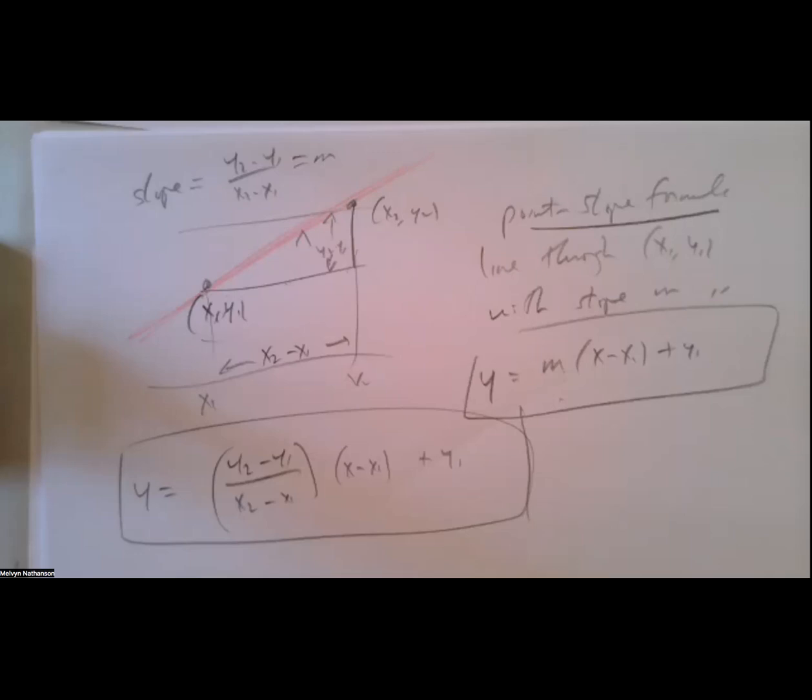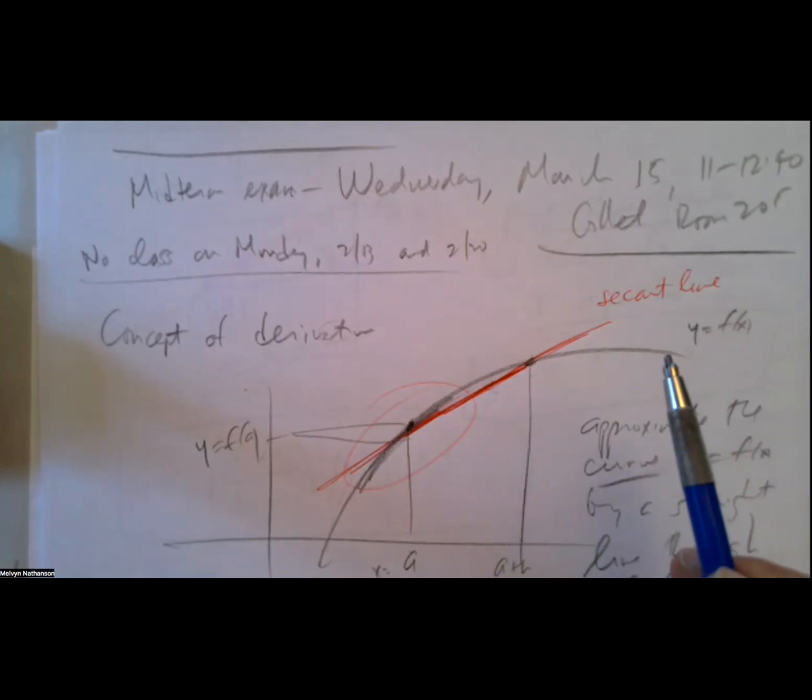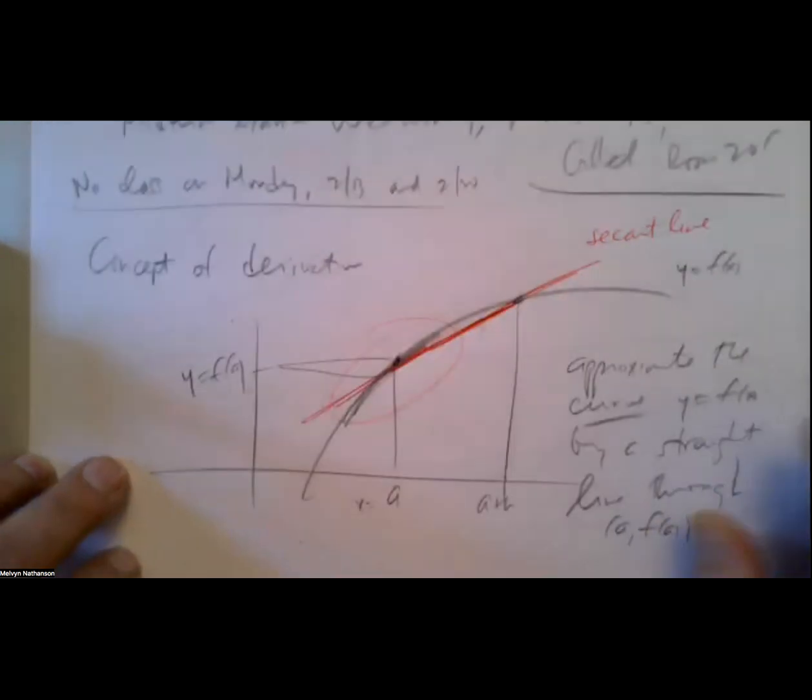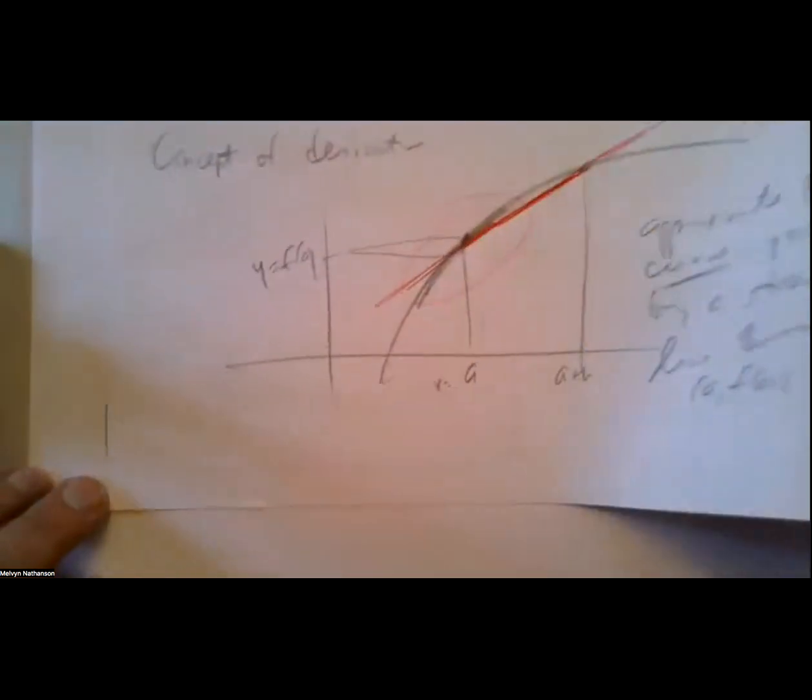So let's come back to our problem. We have a curve. We want to understand the curve near the point a. We want to approximate the curve by a straight line. If I take a nearby point at a plus h, I have a secant line, and I can calculate its slope. With this picture, the slope of the secant.